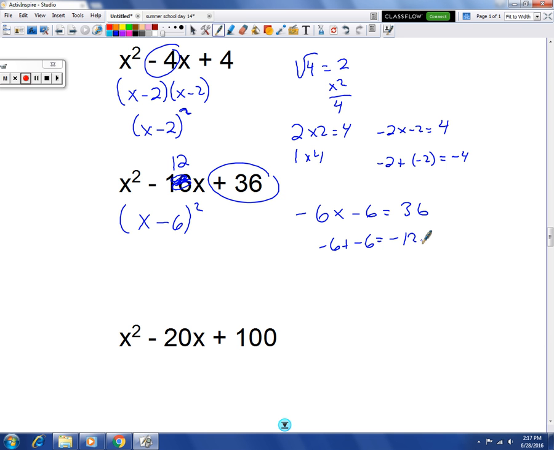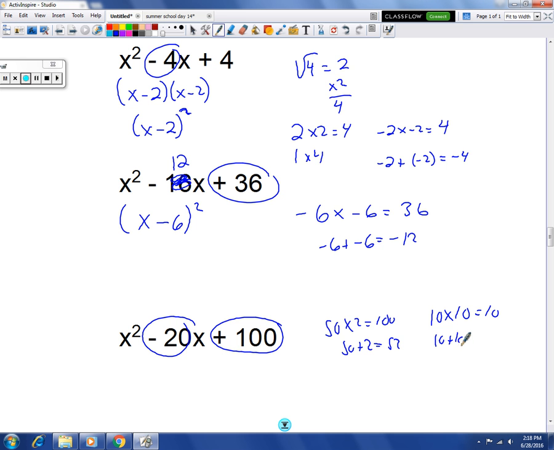Alright, this one on the bottom. Ooh, big number. So don't use 50, 2. 50 times 2 is 100, but 50 plus 2 is 52. We've got a negative 20 there. So 10 times 10 is 100, however they add up to a positive 20. That's not what we wanted.